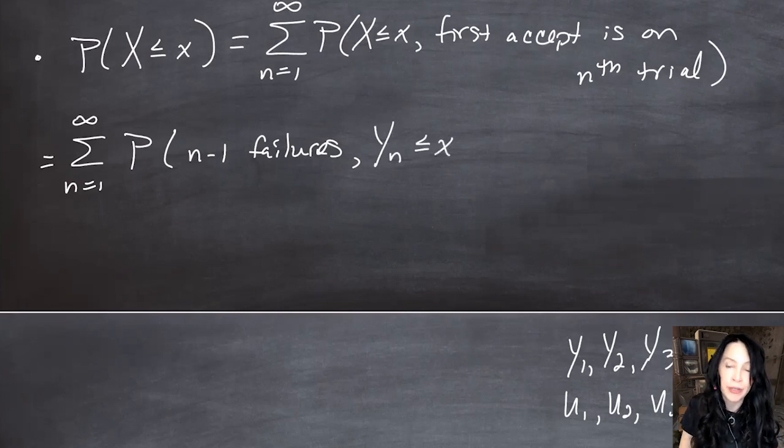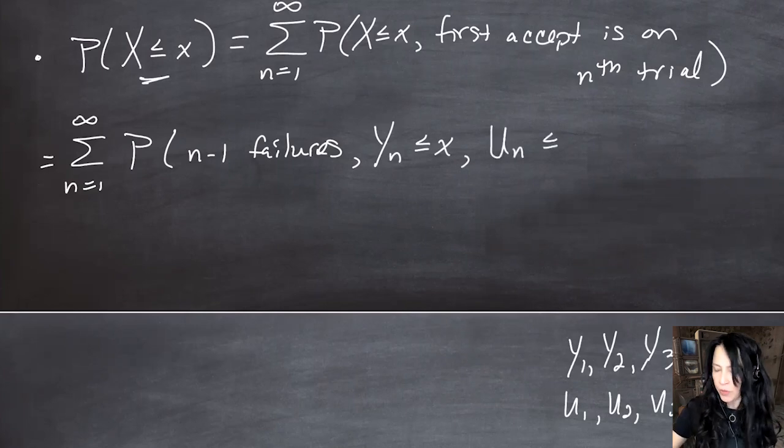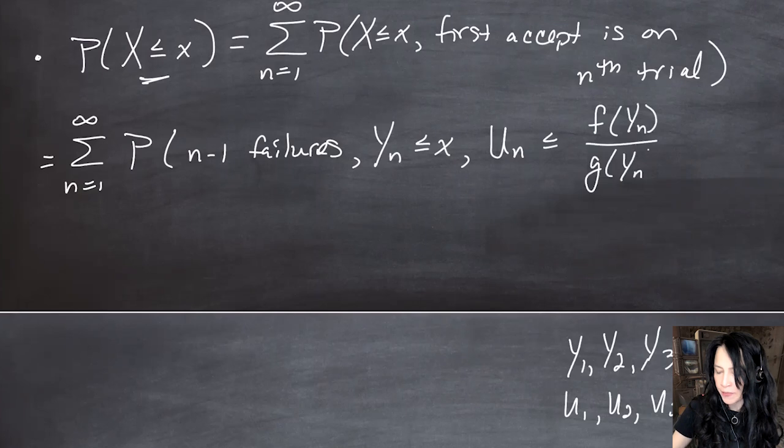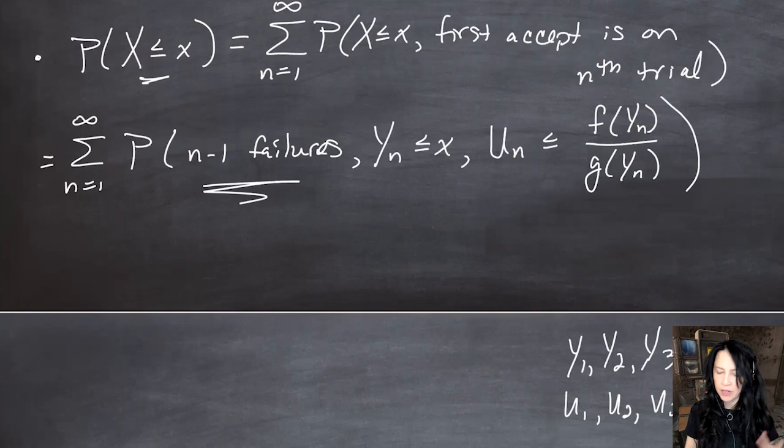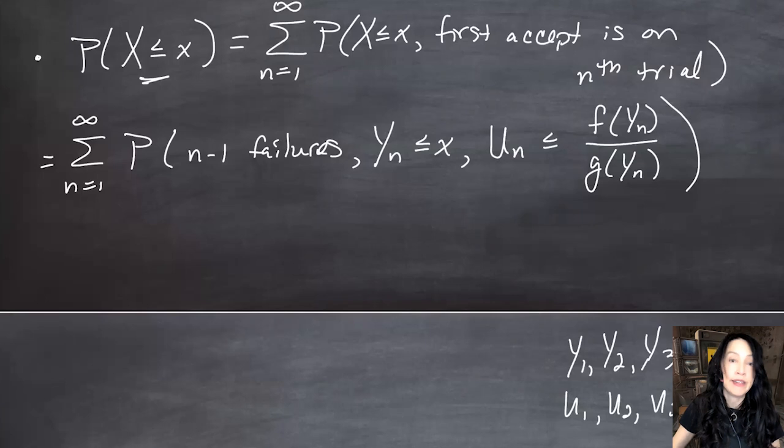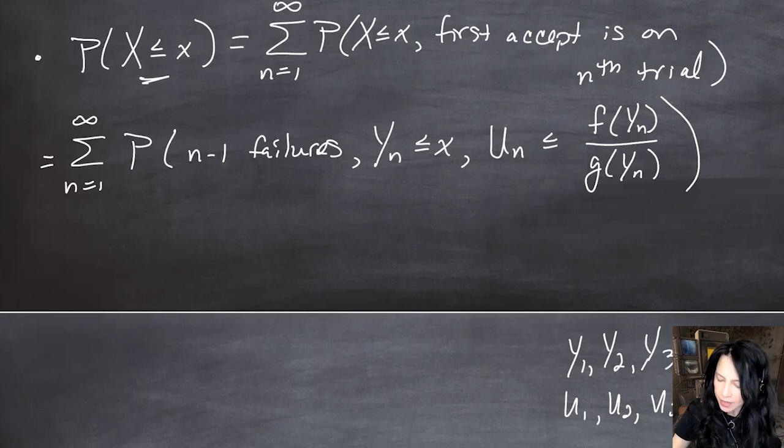That's the only way for the output to be less than or equal to x, comma, and the nth uniform I draw has to be less than or equal to f of Yn over g of Yn. And I could write out n minus 1 failures in terms of Y's and U's, but it's complicated looking and unnecessary. We will see. Also, in case I just switched there out of the blue, this is c h of Yn.